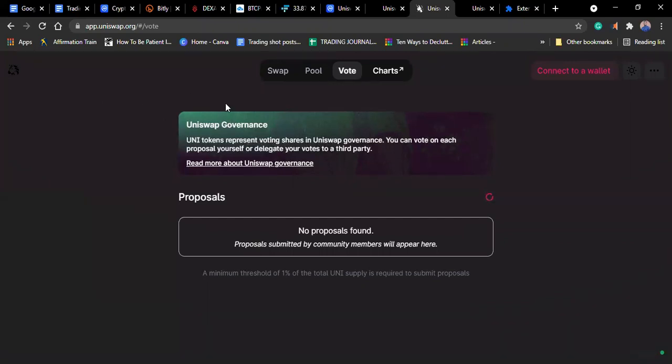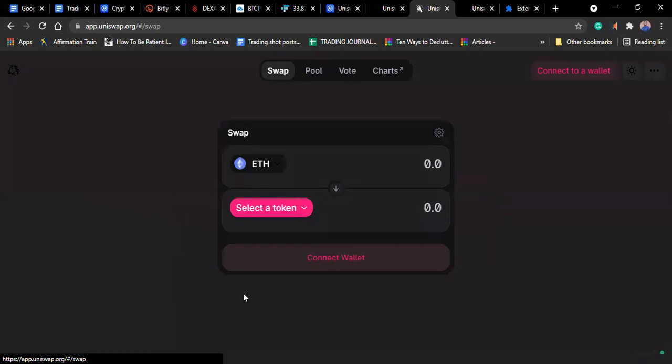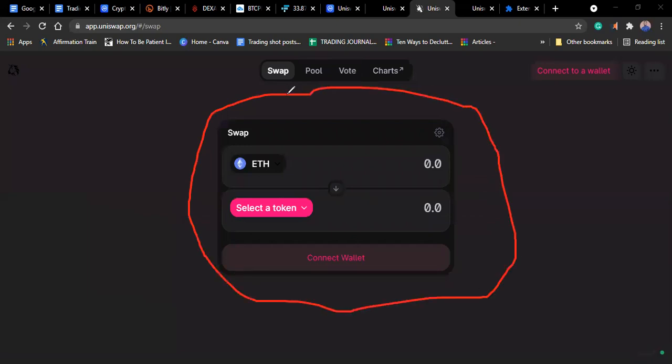Because on Uniswap, anybody can list a coin there. Anybody, including you. You can create a coin and list it there. It's a decentralized exchange, meaning anyone can interact with you. You don't need permission from anybody. But to list a coin on Binance or OKX, you need the approval of the owners of those companies.